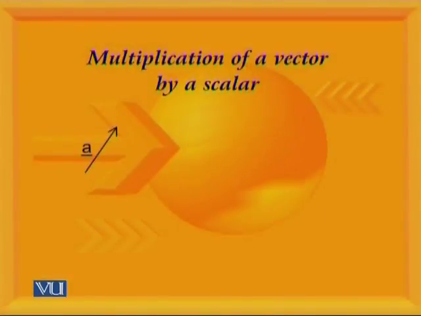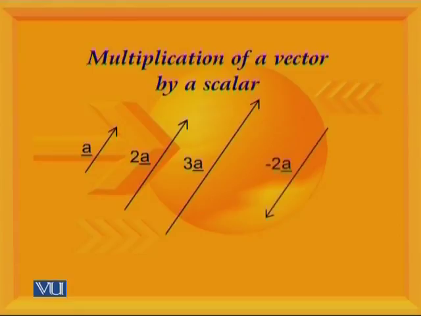We have a vector A, and you can see there are vectors 2A and 3A. The vector 2A has the same direction as A, but has double the magnitude of A, and the vector 3A has 3 times the magnitude of A. You can see here the vector minus 2A, which is obtained by multiplying the vector A by minus 2, so it has 2 times the magnitude of A, but in the opposite direction.